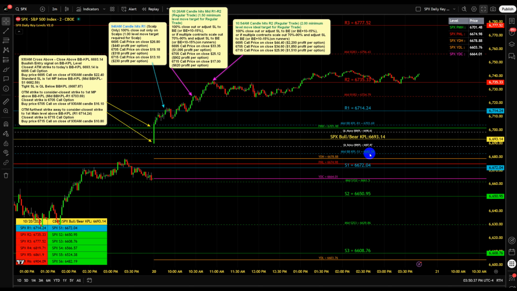It's recommended to typically use the standard stop loss, not the tight stop loss. The tight stop loss is more prone to getting stopped out. It does give you the benefit of having less money at risk since it is tighter, but along with that comes the fact that it is more prone to getting stopped out.